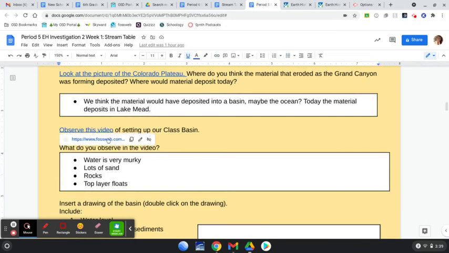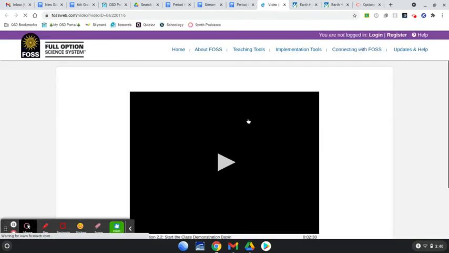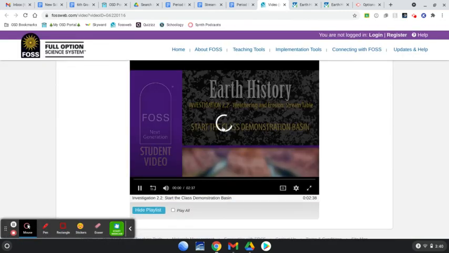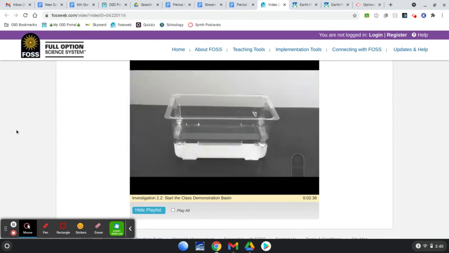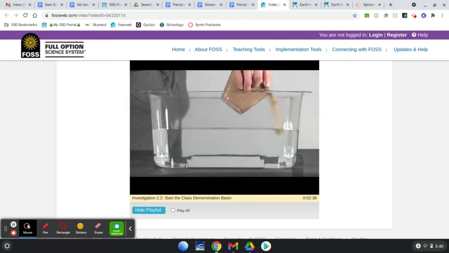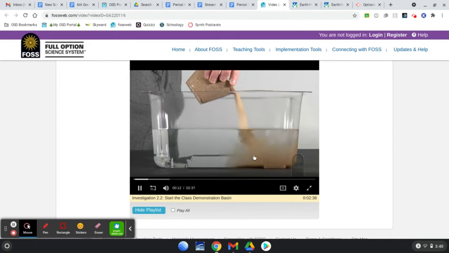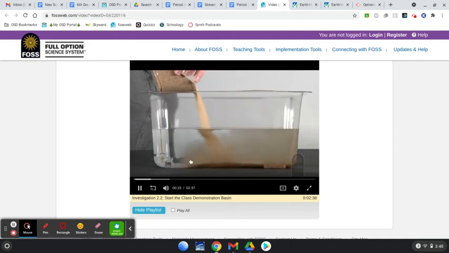Okay, then we created a model of a basin because we can't all travel to Lake Mead. So we did a model of a basin. We watched this video. We recorded observations while we were watching and showed how the different layers of sediment piled up on top of each other. So we just listed which sediments we saw deposit into this basin.